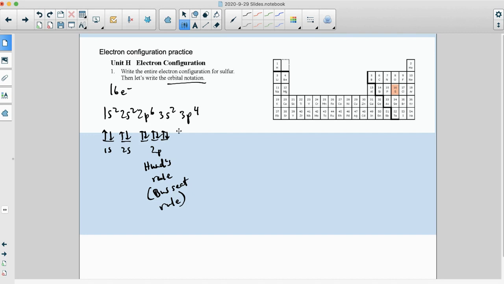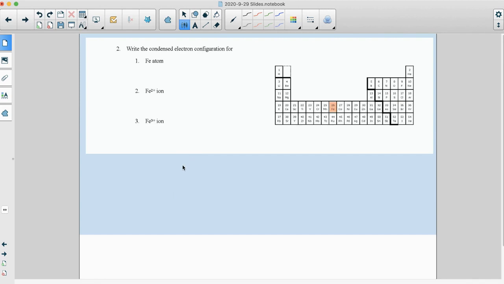All right, after 2p, it's an s subshell, 3s, so just 1 orbital here, fill that. And then p again has 3 orbitals, so 3p. Again, we need to use Hund's rule. So up, up, up first, 1, 2, 3, and then we go back and pair up that first orbital and put 2 electrons in there.